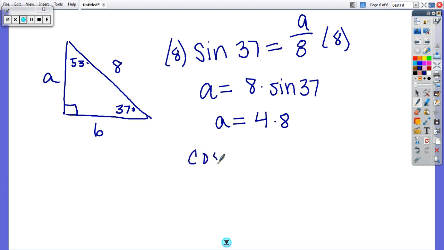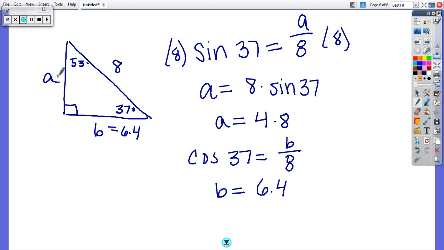We know that the cosine of 37 is actually equal to adjacent, or B, over hypotenuse. So once you solve all that out, you should get B is approximately equal to 6.4. And that's it. You're done. You solved your triangle. You know all 3 angles and you know all 3 sides. So you have solved a triangle.